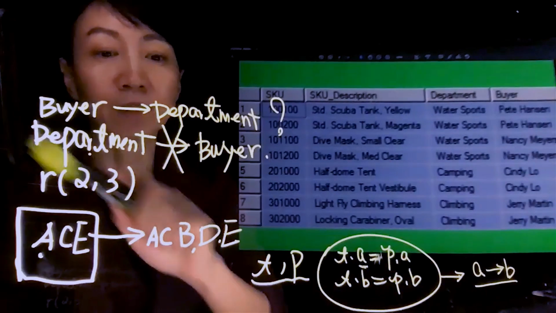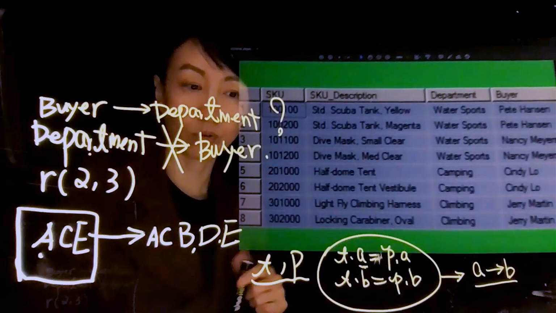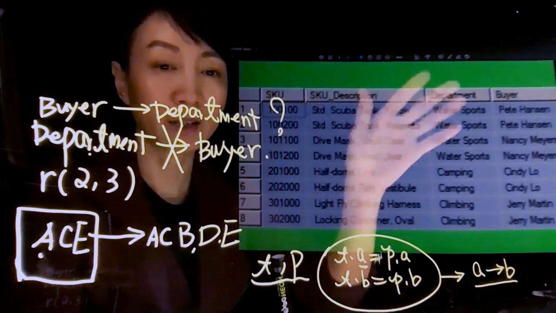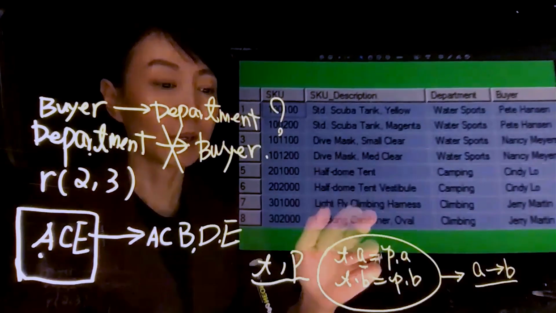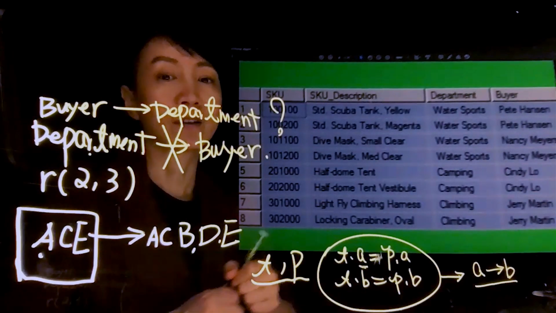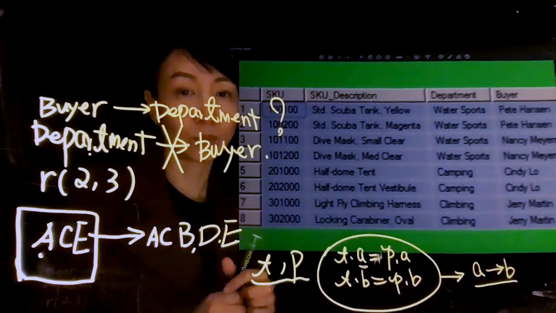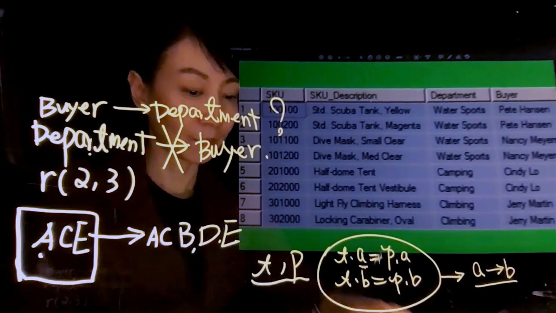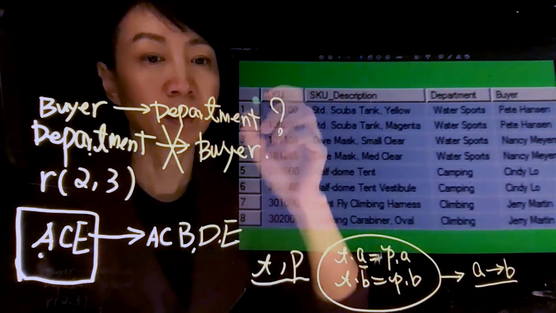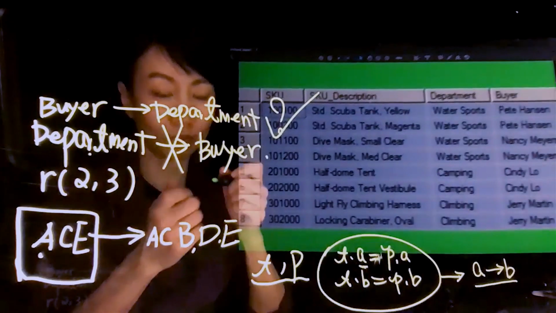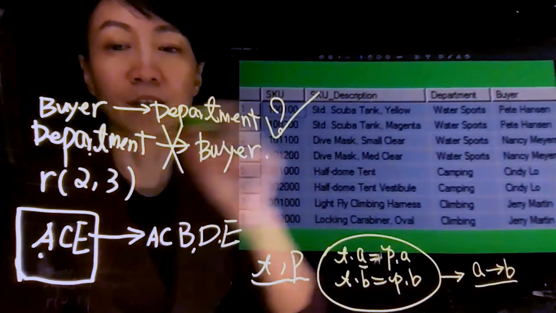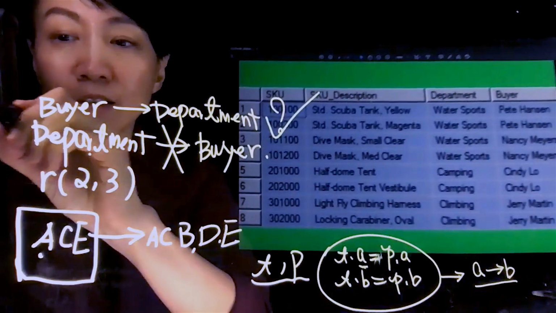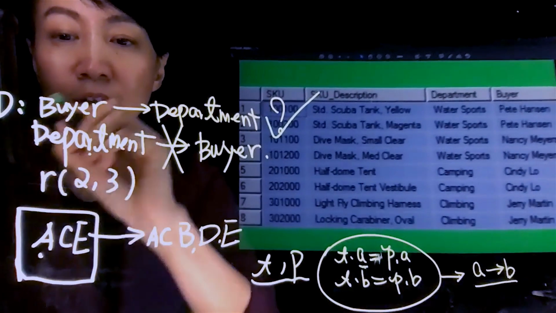Okay, this condition is true. All these 8 sample rows meet this condition. Then according to this sample data, we will say yes, this is true. This is the FD. We just found the first FD here.